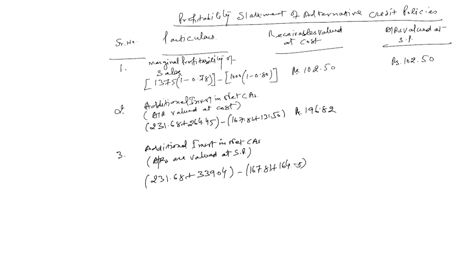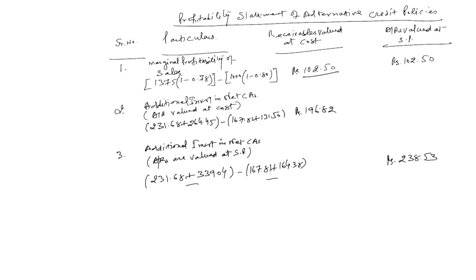So we are taking this 164.38, this is the investment here. And this investment works out as, receivables valued at cost was 196.82, and this minus this minus this will work out as rupees 238.53 crores. So these are the two investments.